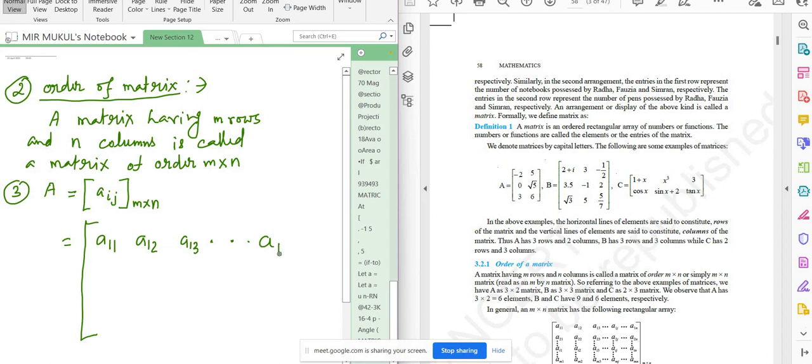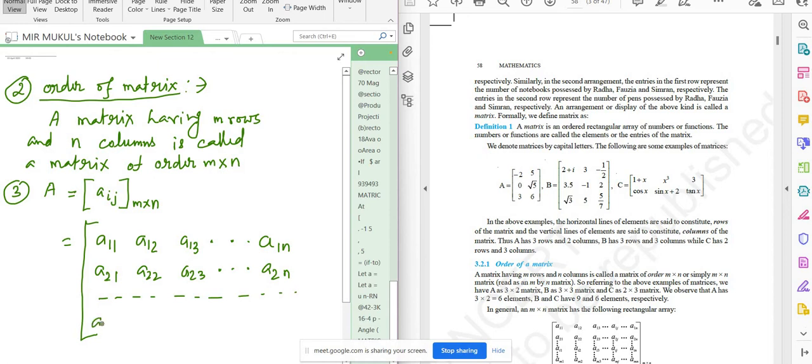How many columns here? n. Right. Then the second row can be written as a21, a22, a23, a2n. Like that.